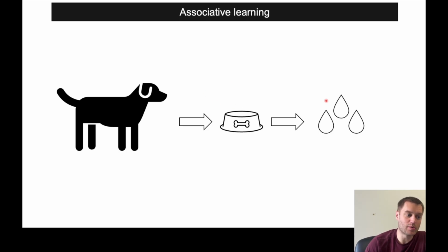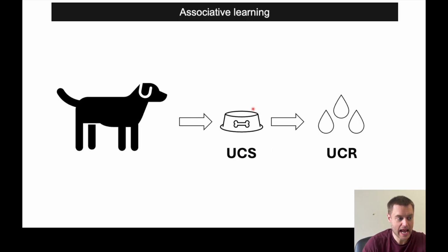So this is a normal response. Salivation in response to food is normal, right? So we have the dog is going to eat, and that is going to cause saliva production, right? So this is an unconditioned stimulus, the food that is presumably in the bowl. The bowl itself is a neutral stimulus, right? But it will be paired with the food, so it will become a conditioned stimulus. But in this scenario, let's just pretend this isn't a bowl, it's food, okay?